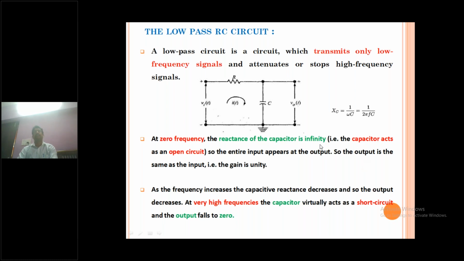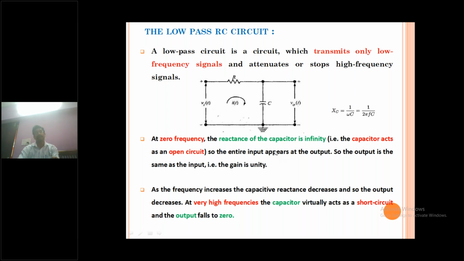At very high frequency, X equals 1 by a very large value, which is almost equal to 0 capacitor reactance. Zero reactance means short circuit. Once there is a short circuit across the output, the output voltage will be 0. So that's why the circuit acts as a low pass RC circuit.